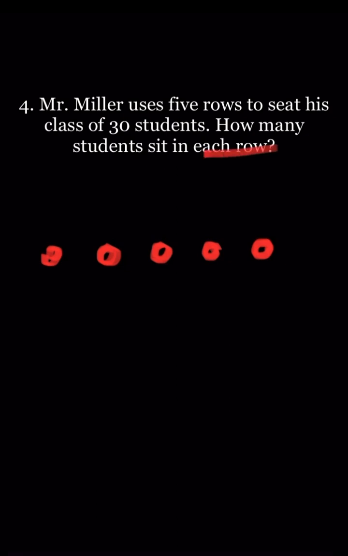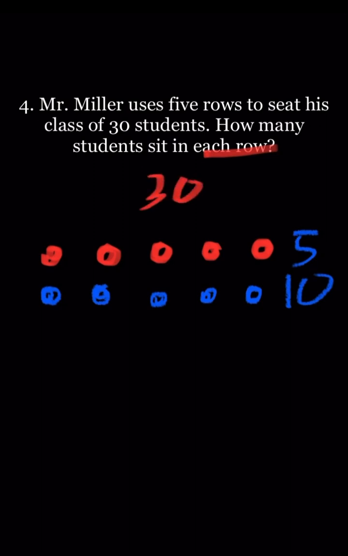Okay, we have 5 students already, and then let's add another one. Now we have 10 in all. Imagine we have 30 students. Now let's add 5 students. Now we have 15 in all.